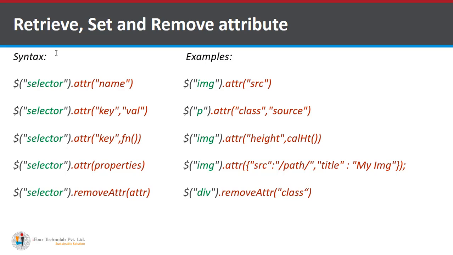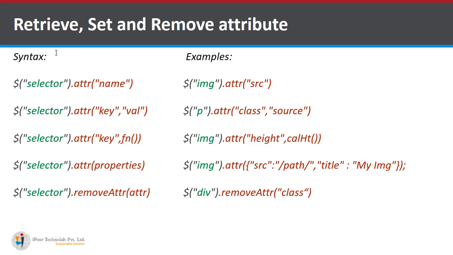Third one is $ selector attribute key comma function, used to set the height attribute for an image element. It will call a function, that is height. Fourth one is $ selector attribute properties. It will set multiple attributes on an image element.